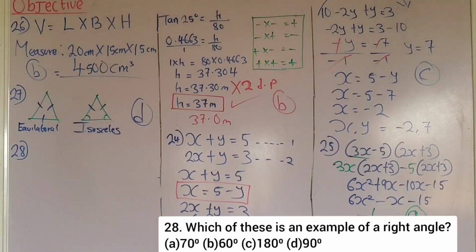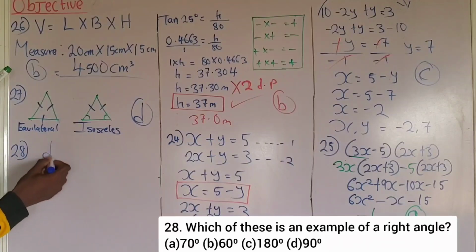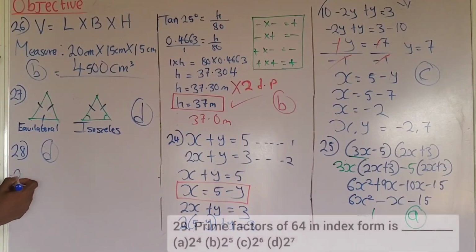The answer is 90 degrees. I'm very sure you are familiar with something called a right angle triangle. A right angle triangle is a type of triangle in which one of the angles is 90 degrees. So in this question we are asked to determine the example of a right angle, and the example there is option D. Option D is correct.